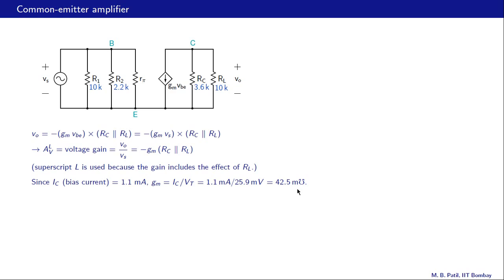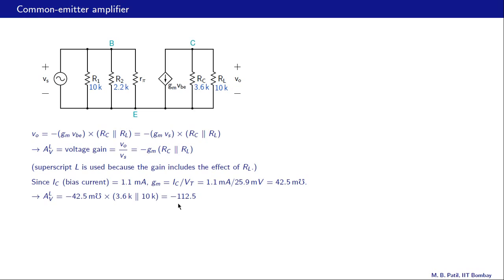And now all we have to do is to substitute that in this expression, and we'll get a number for the gain. So AVL is then minus 42.5 millimhos times 3.6K in parallel with 10K, and that turns out to be minus 112.5.